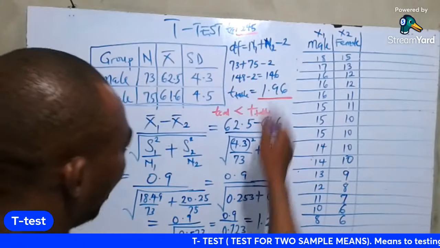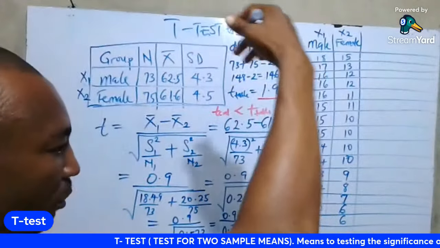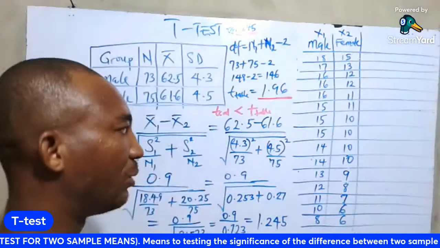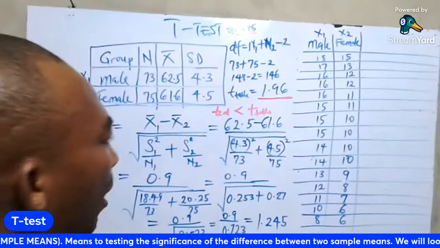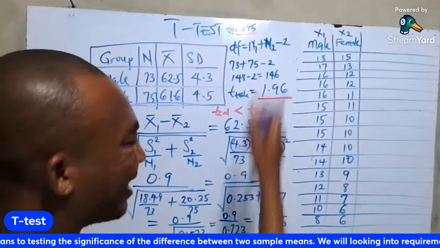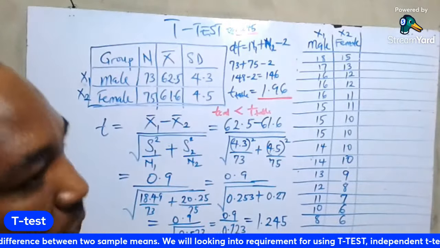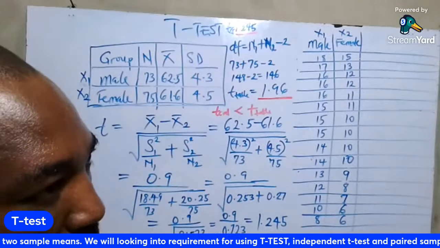And when you check 146 on the table, you may not see it up to that level, because when you go to your 4-figure table and check it under 0.05, you are going to get 1.96. That is for your T distribution or your T table.